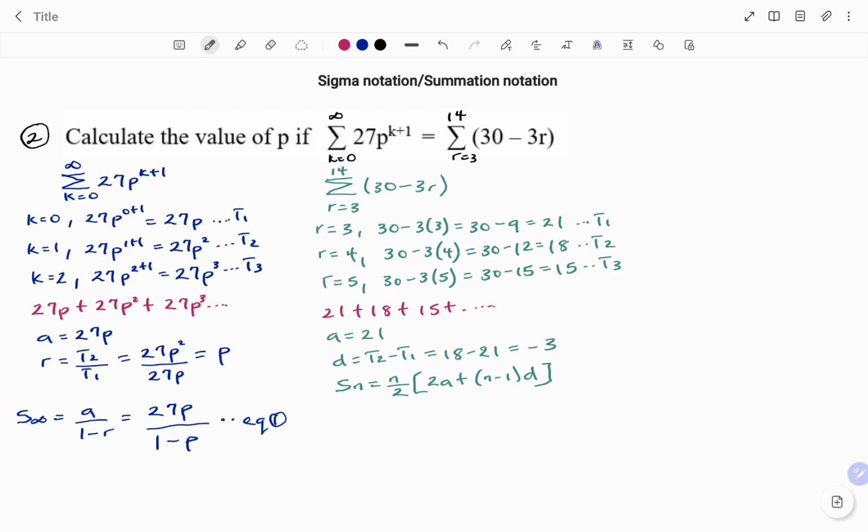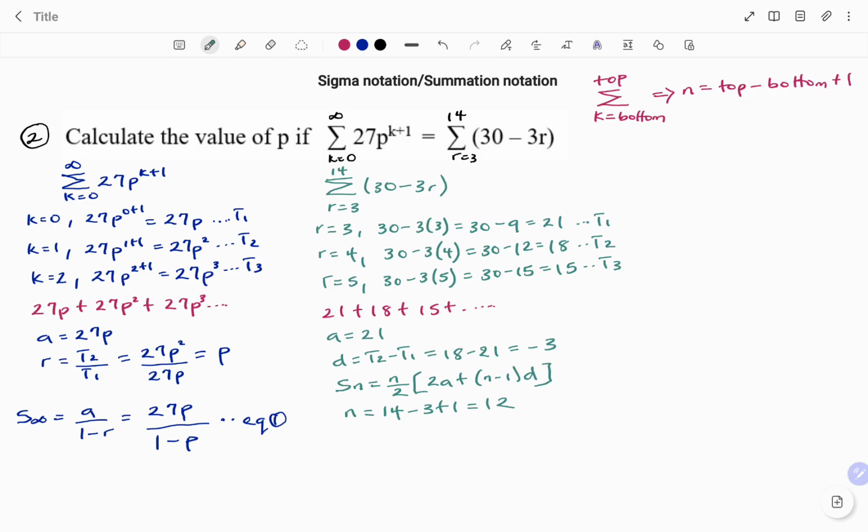To find our n, note that the summation of r, from the lower limit at the bottom to the top, will be n equals top minus the bottom plus 1. So therefore, our n in this case will be the top, which is 14, minus the bottom, 3, plus 1. And that will give us 12.